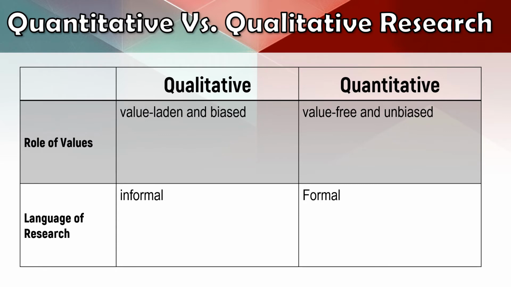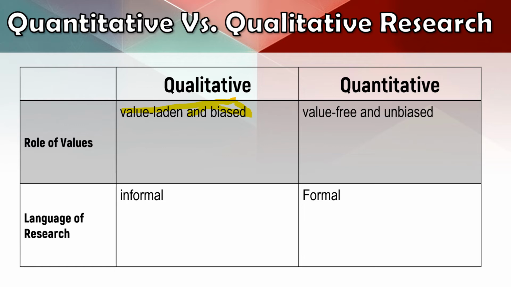When it comes to role of values, qualitative research is value-laden and biased. When we say value-laden, because we are relying on the opinions and perspectives of the respondents, there is a possibility that we can extract values from these opinions, from these perspectives.